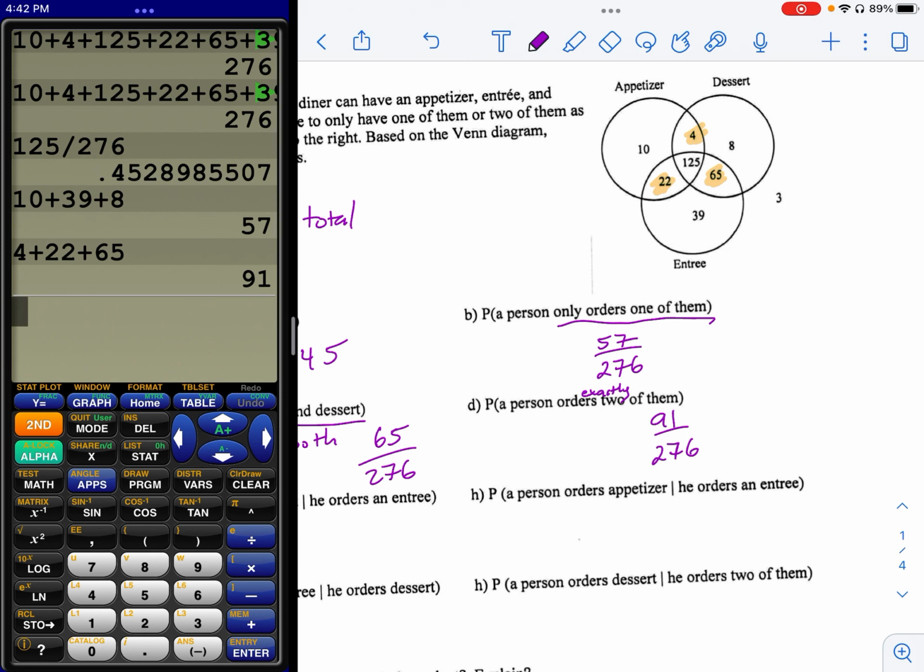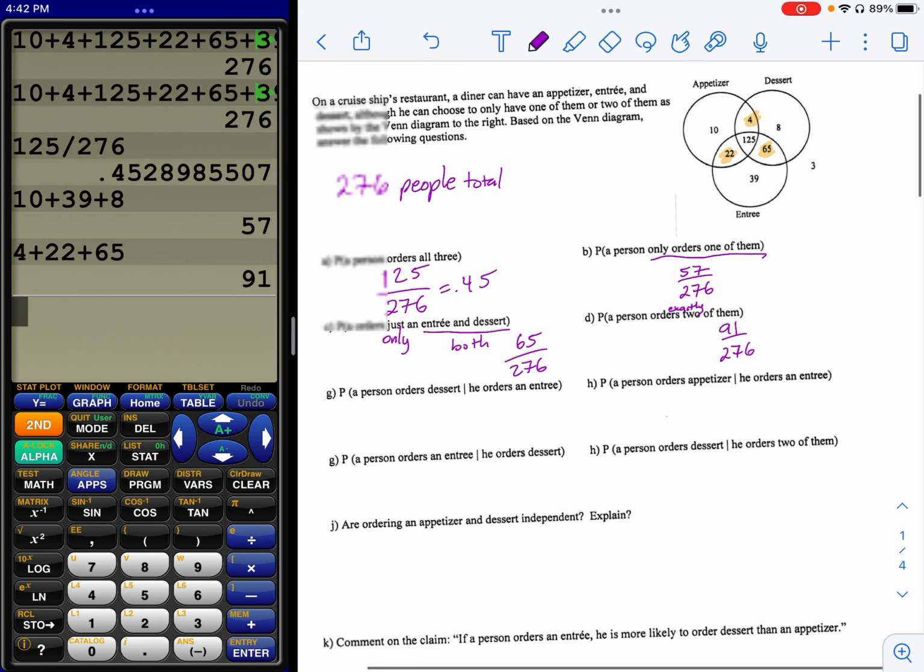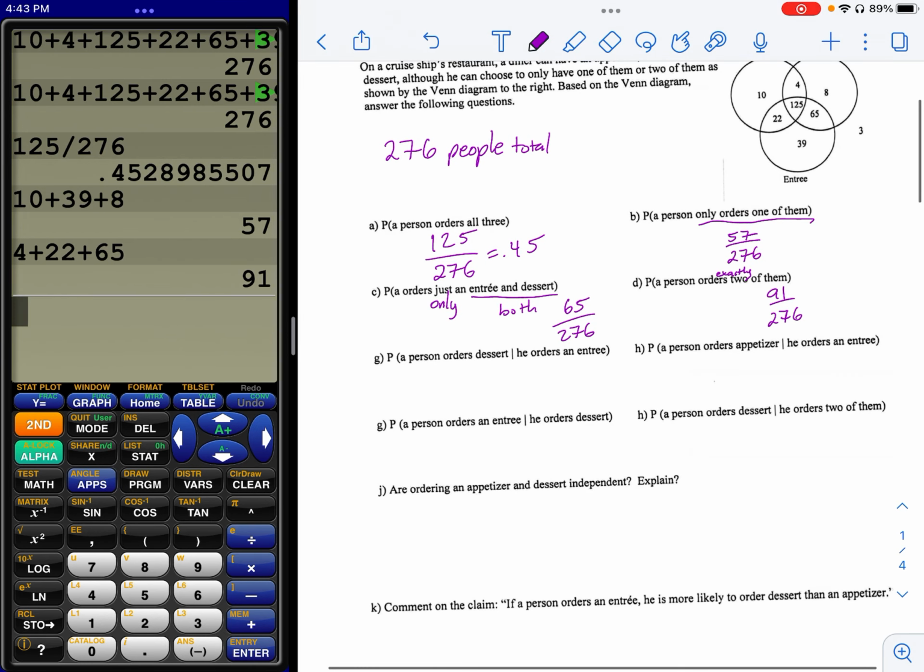Okay, those were just straightforward probability questions. The next ones are the conditionals. You can do this by practically looking, or you can use the formula. So G says a person orders dessert given he orders an entree. I always like to circle the condition when I'm given a Venn diagram.